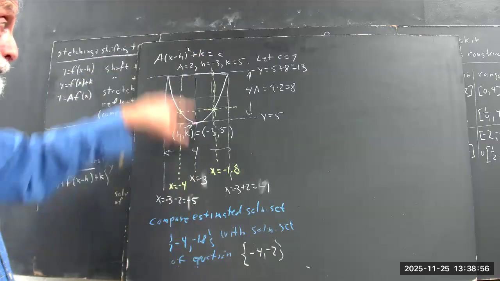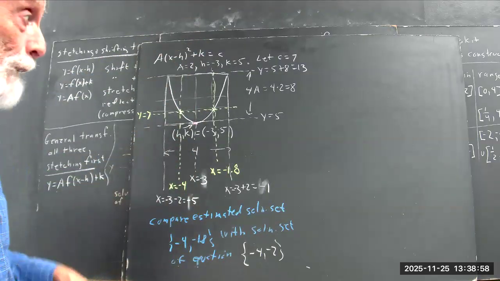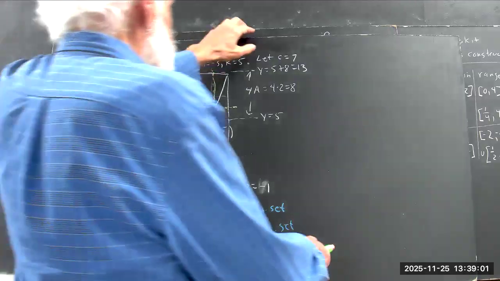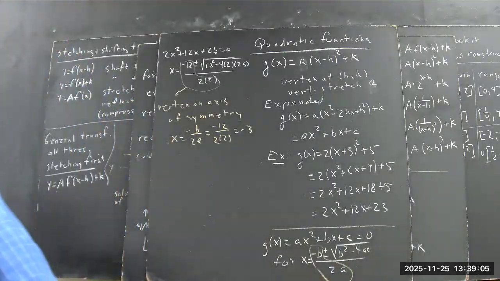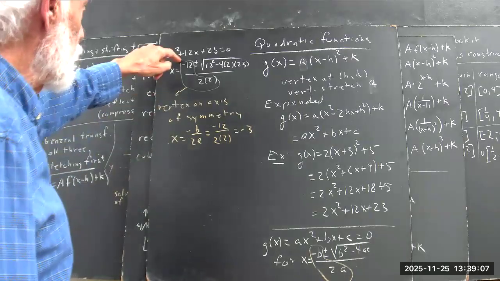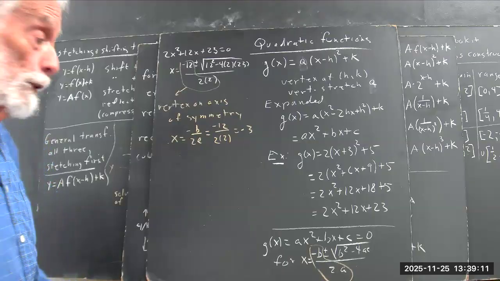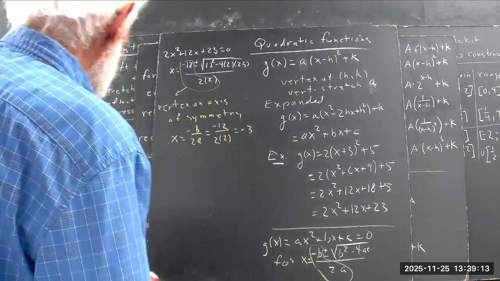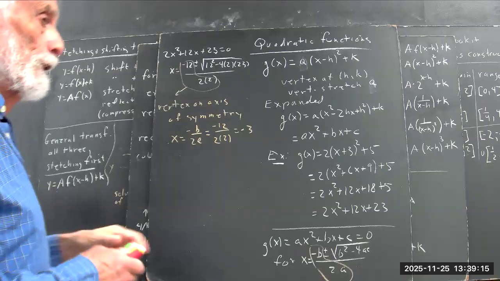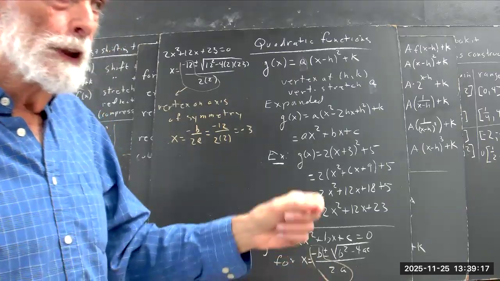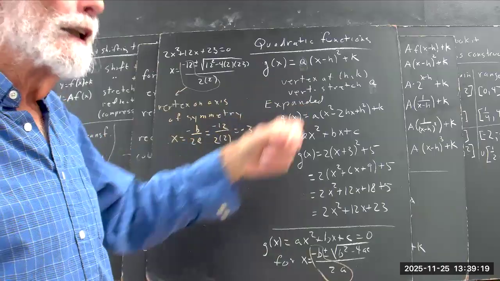Right there it is. Okay. This should convince you that you can find the axis of symmetry if you just write out what the quadratic formula tells you. Okay. Now, another thing about that graph is that the vertex was at -3, 5.